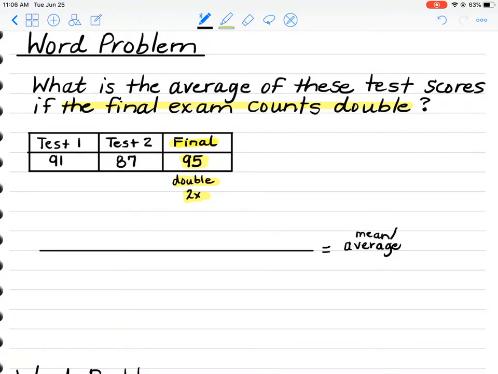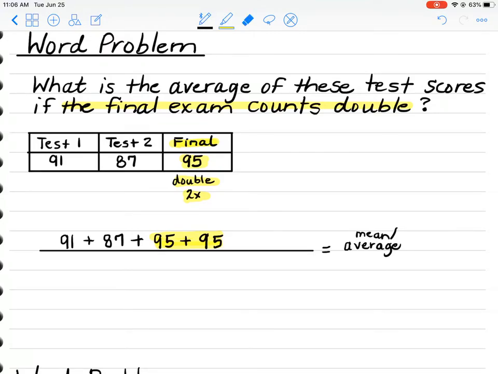And we know how to do that. On the top, we're going to take test 1, test 2, and test 3, or the final. And remember, that one counts 2 times. So I'm going to double that final exam. That's very important.